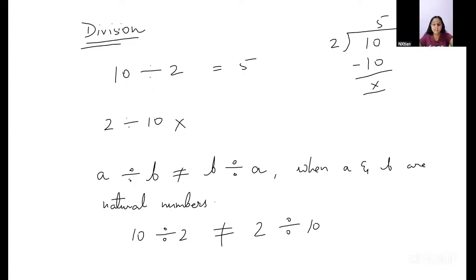What are those things? First, the number that is dividing another number is known as divisor. The number that we are dividing is known as dividend.